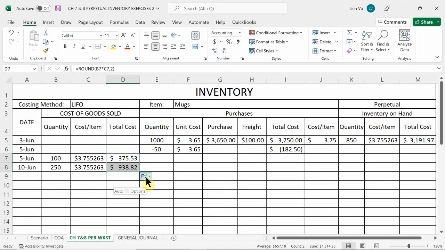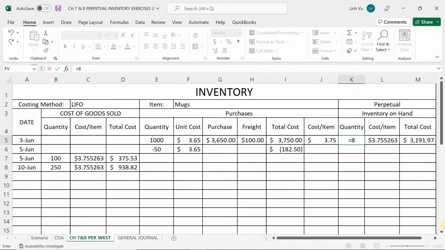So that's going to give me $938.82. Okay? So, once again, what's 850 minus 250? right? We should be left with 600 units.